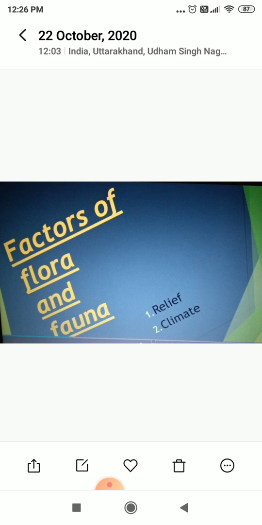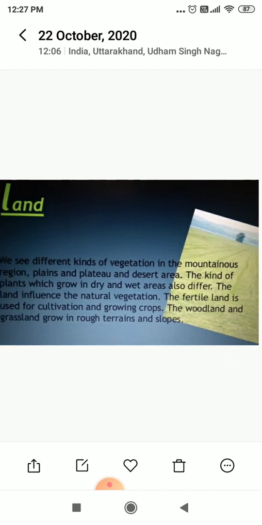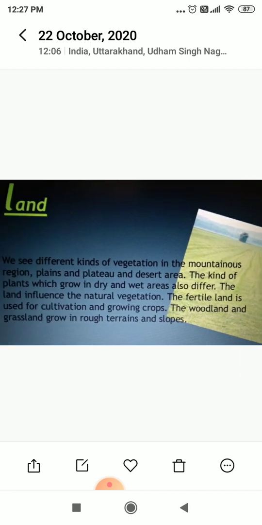We broadly classify the factors of flora and fauna into two: relief features and climatic features. Relief features are further divided into land and soil. First, how does land affect natural vegetation? Land affects the natural vegetation of an area directly or indirectly.